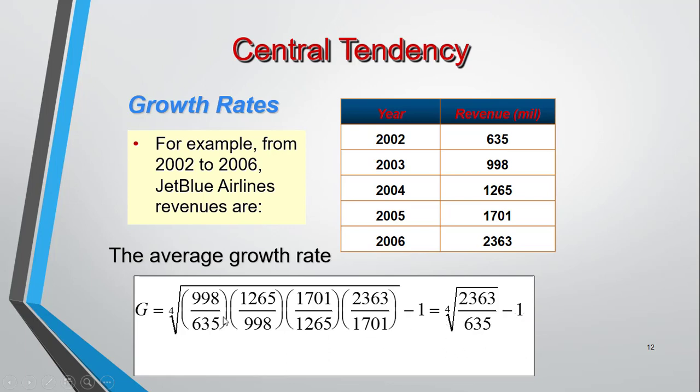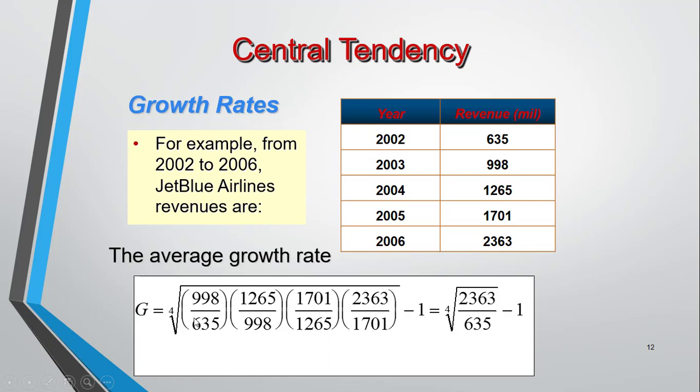When you spread it out, the average growth rate is the multiplication of the first year, 2003 over 2002, that's 998 over 635. The following year is 1265 over 998. The next year is 1701 over 1265. The final year is 2363 over 1701.